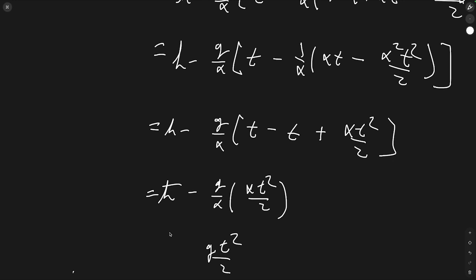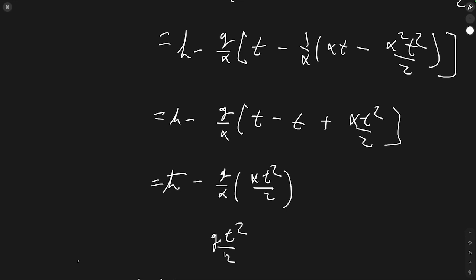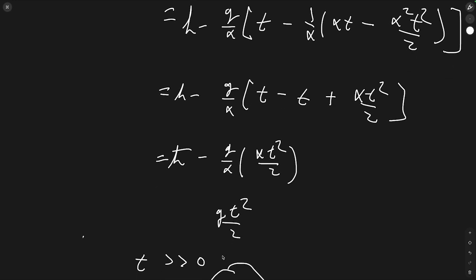And yeah, we knew that already. It's not as illuminating. But when you see gt squared over 2, you're like, oh yeah, that's free fall. So my point is, if you don't include that many terms and you get something trivial, you should go back and add in a term.